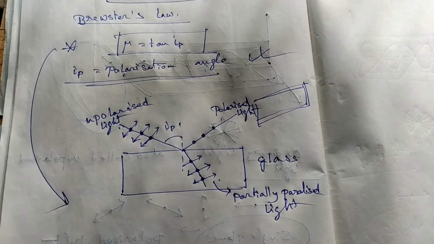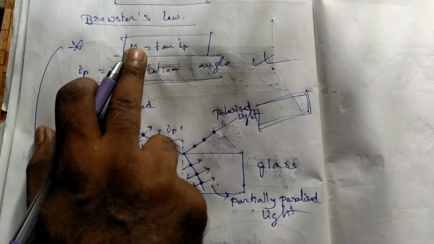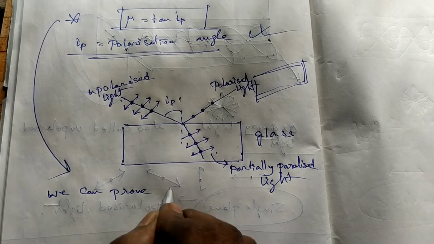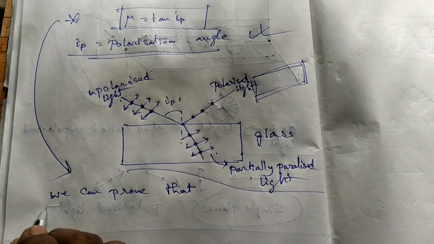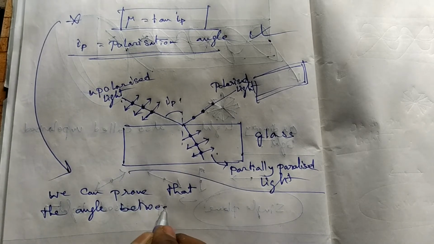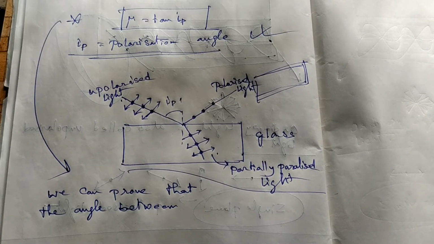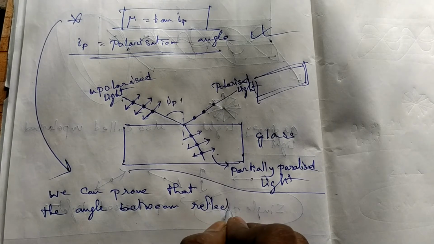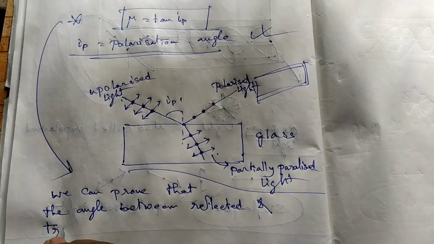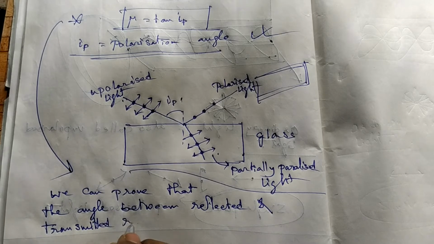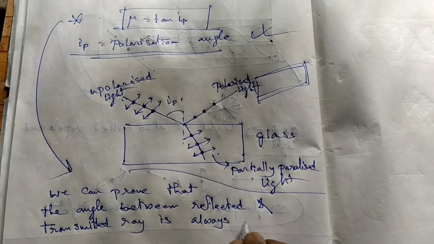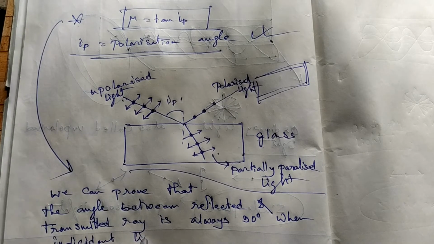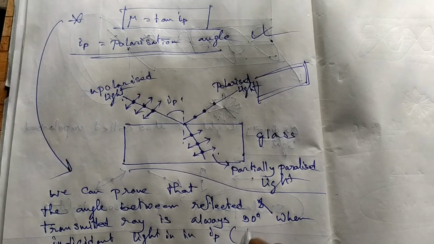Another thing I will show you is that through Brewster's law we can prove that the angle between the reflected and transmitted ray is always 90 degrees when the incident light is at IP, the polarization angle.